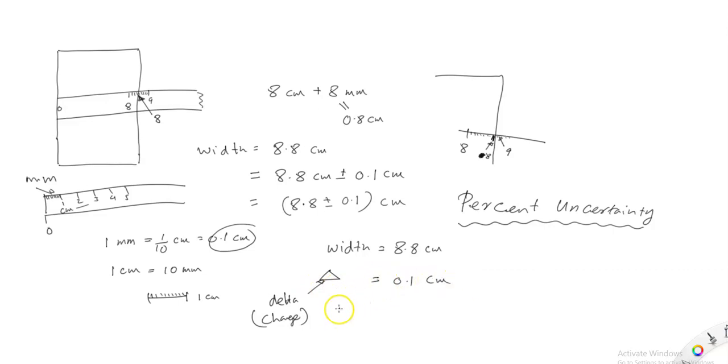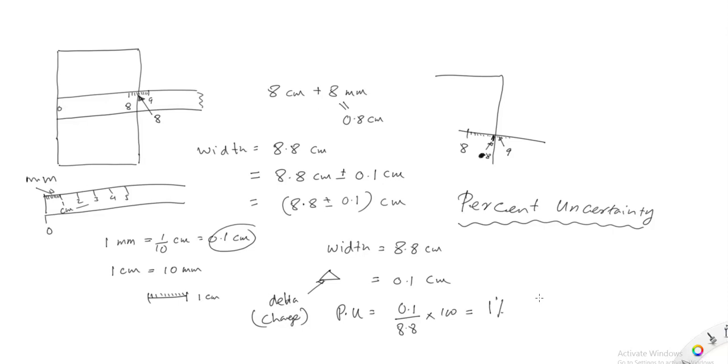So percent uncertainty is the delta portion divided by the actual measurement multiplied by 100. So this gives you roughly 0.1 divided by 8.8 multiplied by 100, which is approximately 1%. So you can say, here's my answer, 8.8 centimeters with an uncertainty of about 1%.